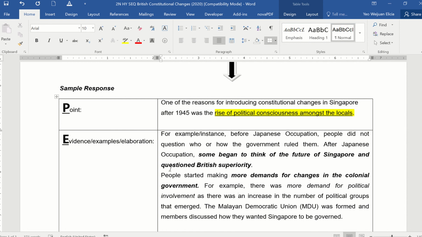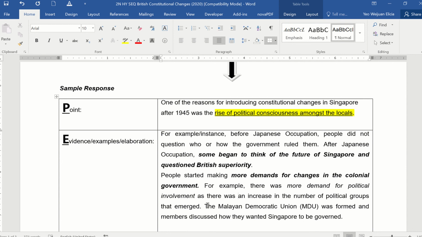And then, to elaborate on that, how did they question the superiority of the British? They started making more demands for changes, and an example was seen in the number of political groups that emerged. Right, so this is just one paragraph on one main point.